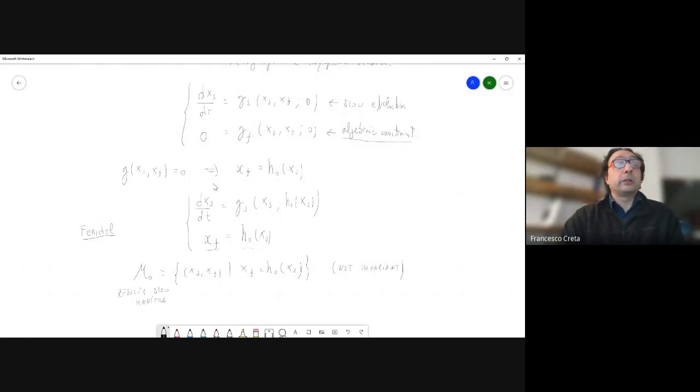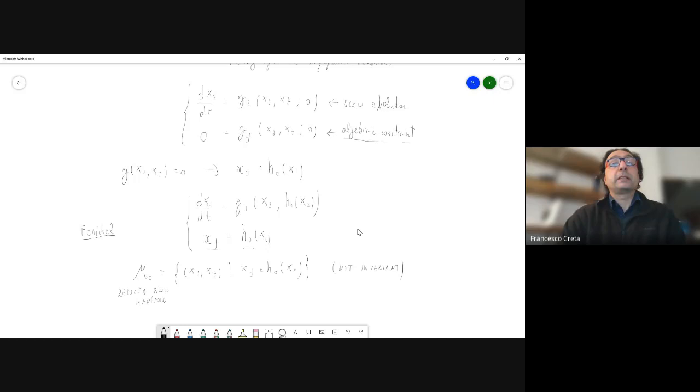you can actually express the fast variables as a function of the slow variables. So whereas we still are solving for the slow variables through this ordinary differential system, now we are only representing the fast variables. We're not solving for them anymore. We're just taking them from this constraint, the slow manifold.